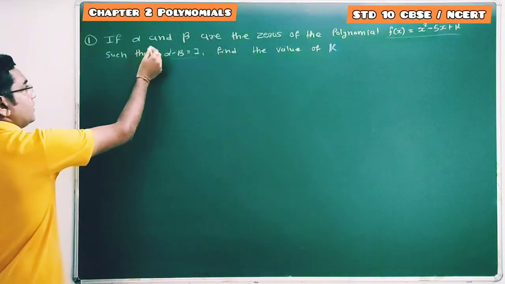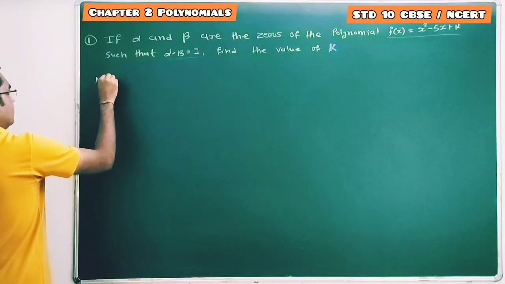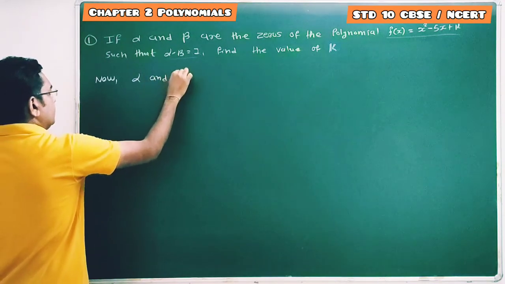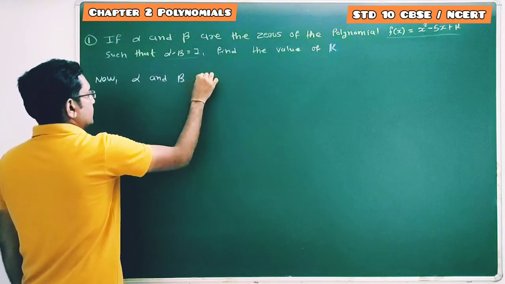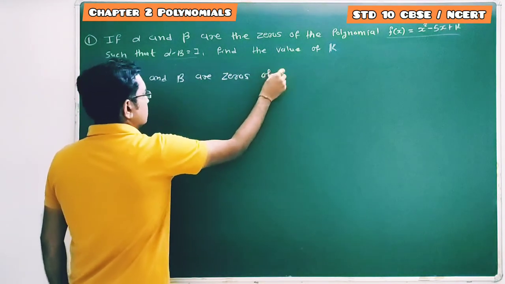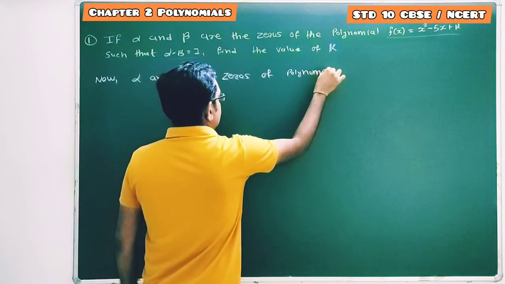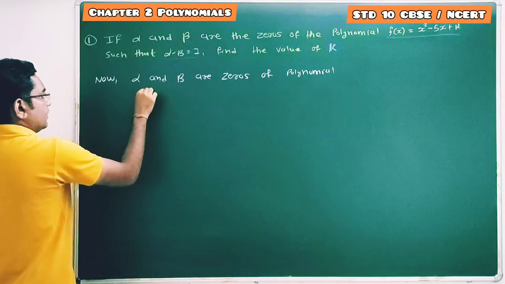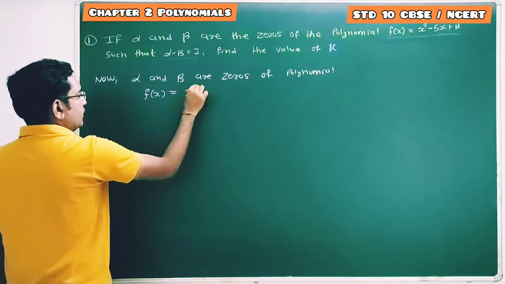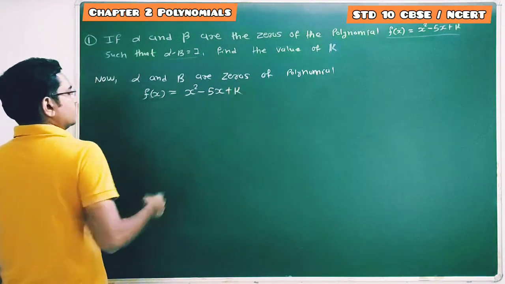Here we are given alpha and beta are the zeros of the polynomial f of x equal to x square minus 5x plus k.